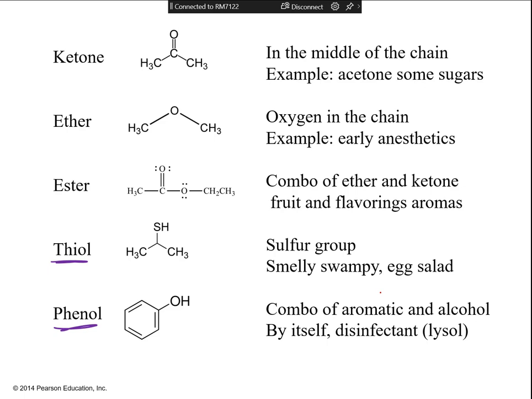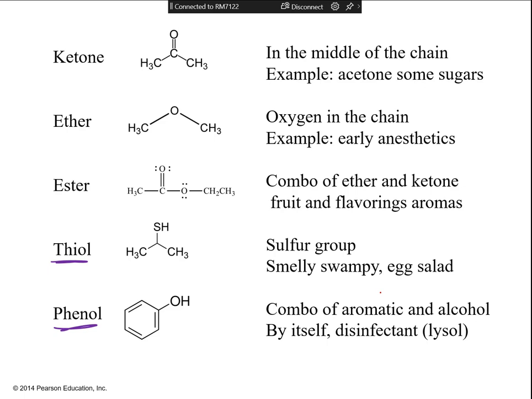So if you go buy cherry flavoring, most of those are those ester type of compounds. And I always think it looks kind of like a ketone and an ether that came together. So an ester is the two oxygens in the middle of a chain. Carboxylic acids are when you have two oxygens, but they're on the end of a chain.